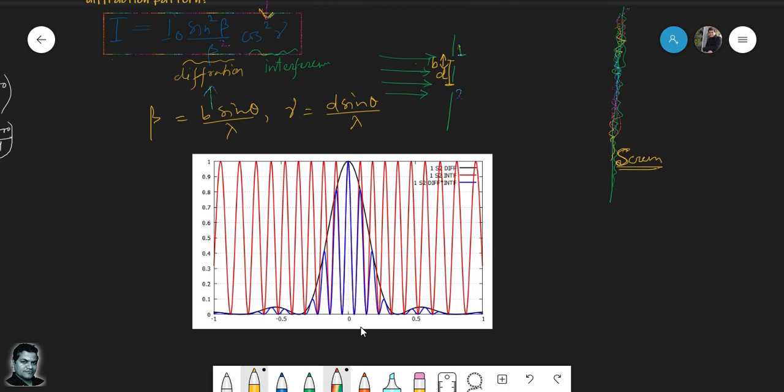So what you see here is that, for example, at the center, the red curve is maximum and also the black curve is maximum. So they coincide, and as a result you get this blue maxima at the center. And then the red curve follows continuously as you go away from the center 0. But the red curve, which is the interference term, oscillates: it goes from minimum to maximum, minimum to maximum.